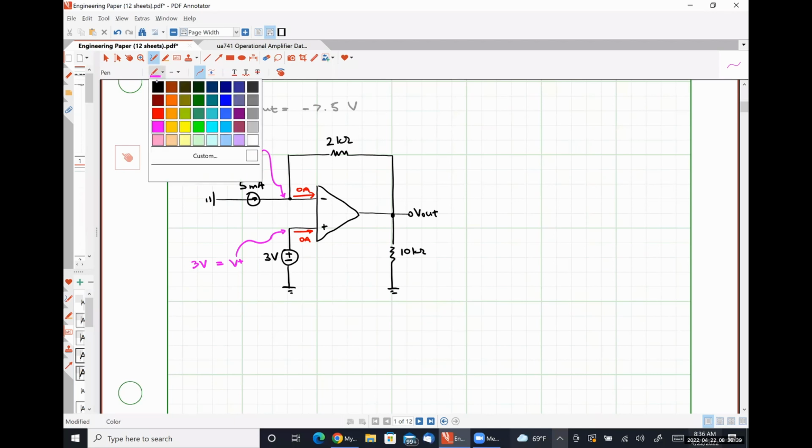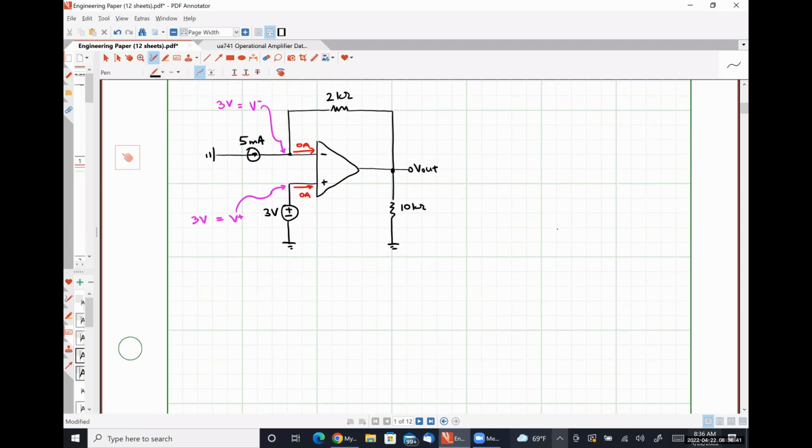And so we are going to have, consistently, -5 milliamps plus V minus, which in this case is 3 volts, minus V out divided by 2 kilo ohms is equal to 0. And then we would solve for V out.